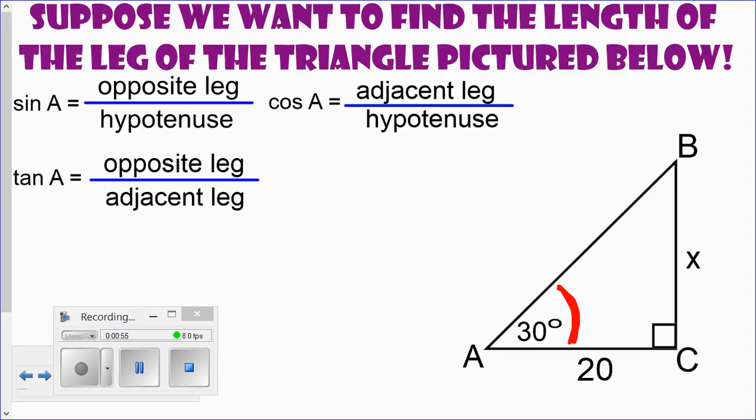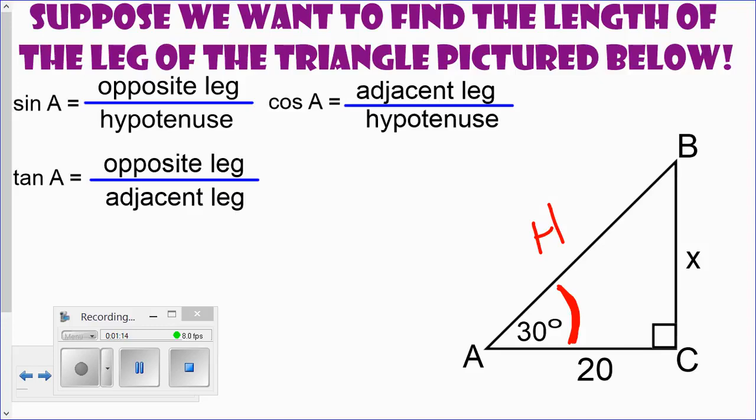So we're going to label what we know in this figure. We know the hypotenuse is the one opposite of the 90. In that one, we don't know the length and we don't need to know the length. So I probably will not use any of the ratios that involve hypotenuse.